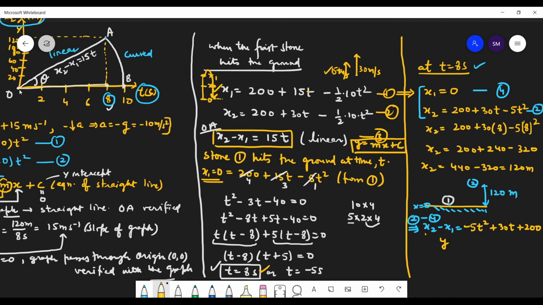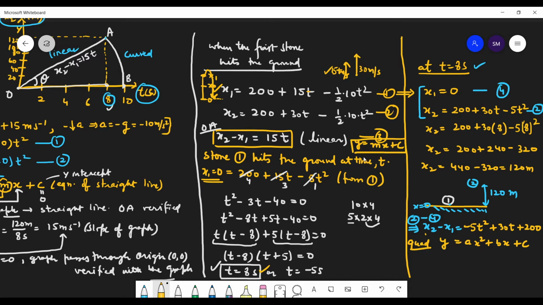From 0 time to 8 seconds, this was the situation. y is equals to mx plus c. Now at 8 seconds, because the graph will be drawn by this equation only, what will be the equation? So y equals to ax square plus bx plus c. So that's a quadratic equation.